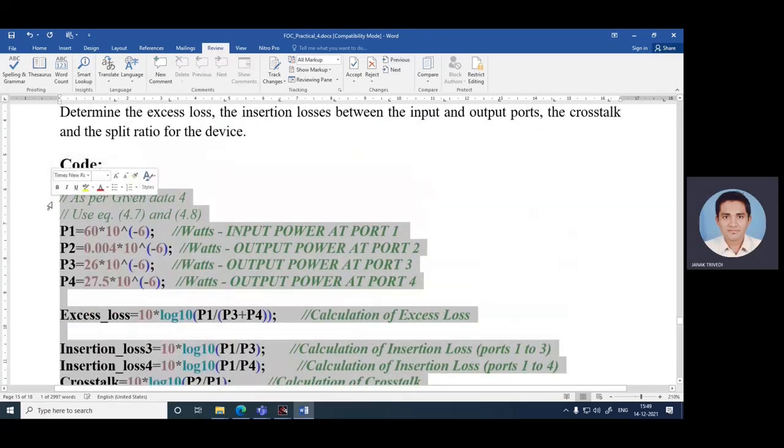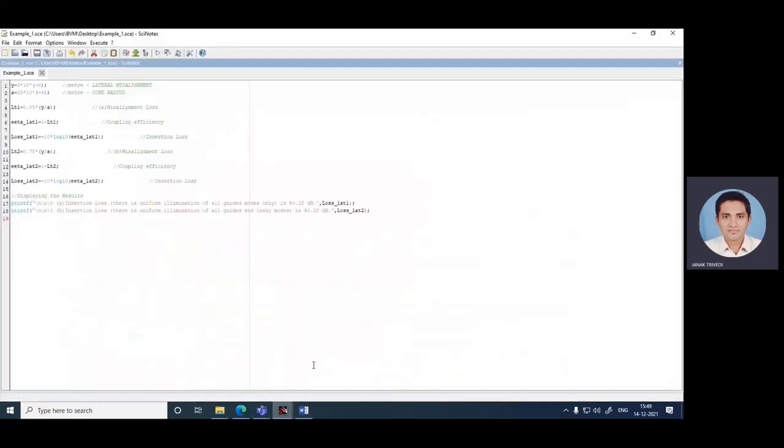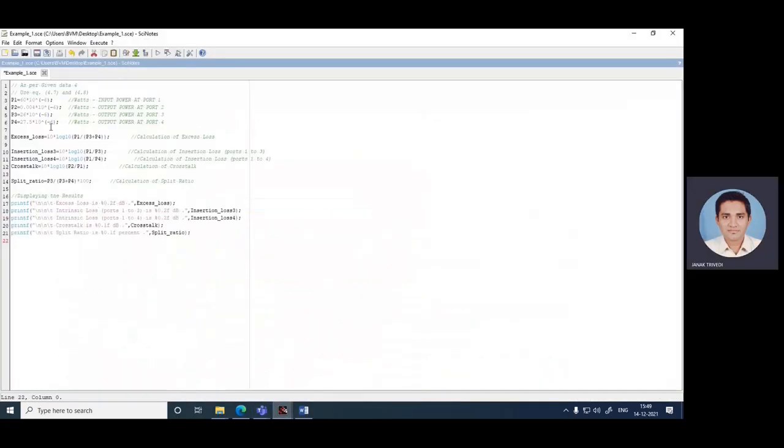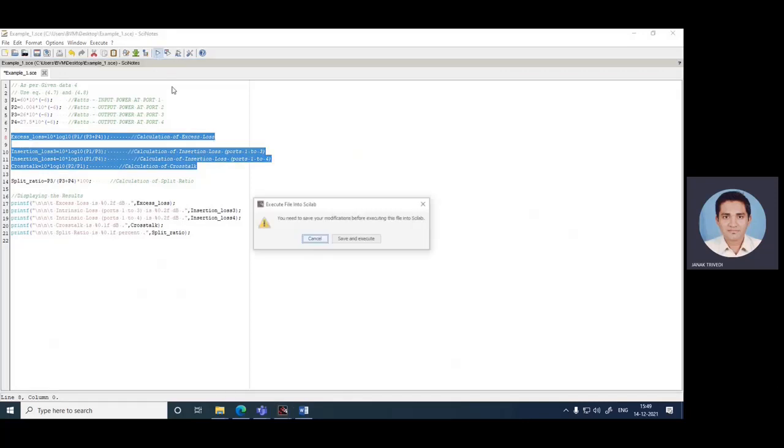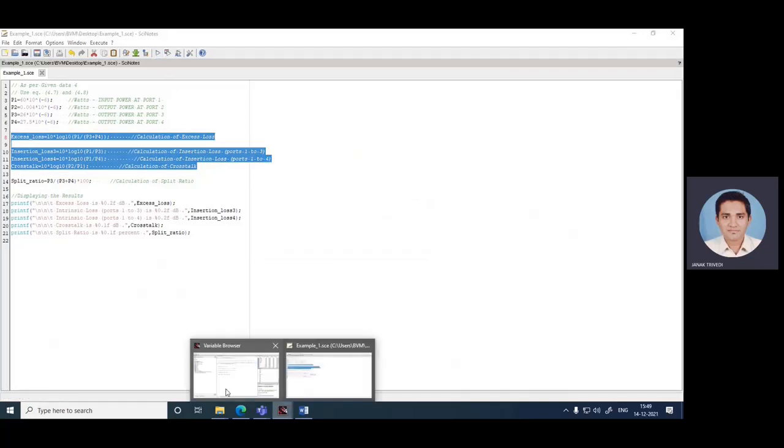So let's try to run this example with the help of Scilab and check the result. The same code is executed in Scilab. P1, P2, P3, P4 are all given, and we have just used the equations that we discussed earlier in this document to find excess loss, insertion loss, crosstalk, and split ratio. Then save and execute this code, so we can get the result.